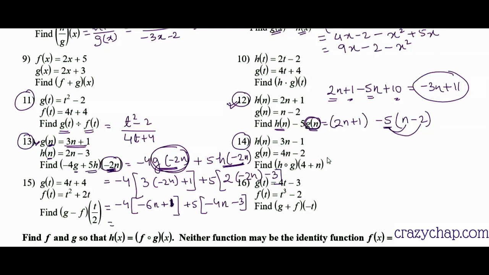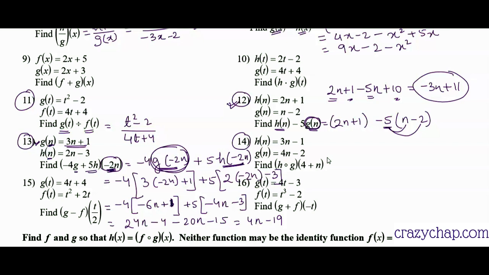So negative 4 multiplying with negative 6n will be 24n, minus 4, and then 5 will multiply with both of them, which will give you minus 20n and minus 15. So that will give us 4n minus 19, right? So that's my answer, guys.